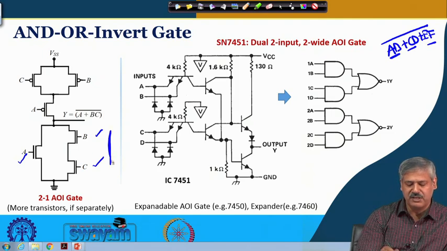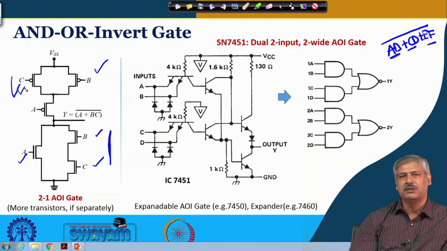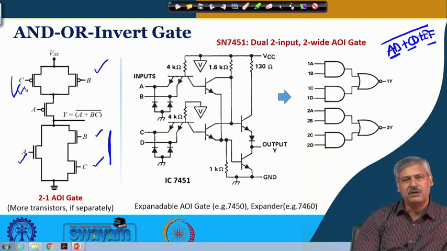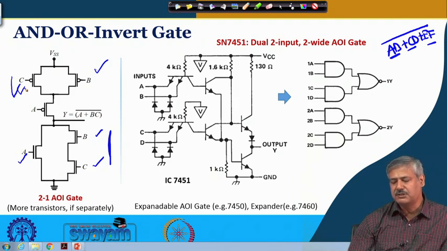Here in NMOS side it is series, PMOS side it is in parallel, and A on this side is in parallel because of the OR operation, and on this side this is in series. Okay, that we already know how we get CMOS circuits. So, it is a very convenient way of getting it, and we can get OR-Invert gate also in a similar manner in CMOS circuitry. Okay.